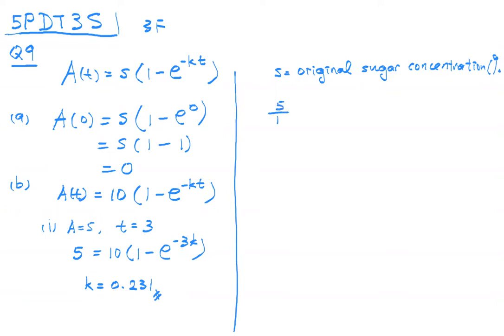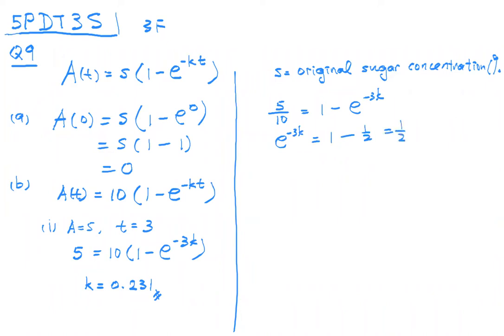5 divided by 10 equals 1 minus e to the power negative 3k. 5 divided by 10 is half, correct? So e to the power negative 3k is equal to 1 minus half, so it's equal to half.